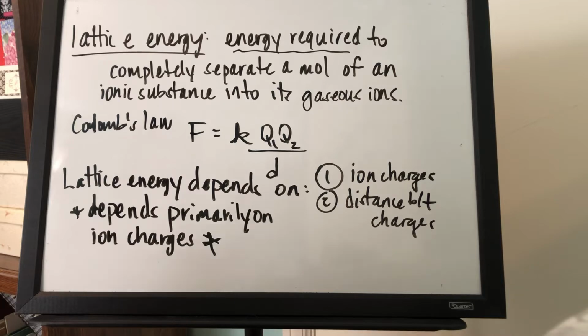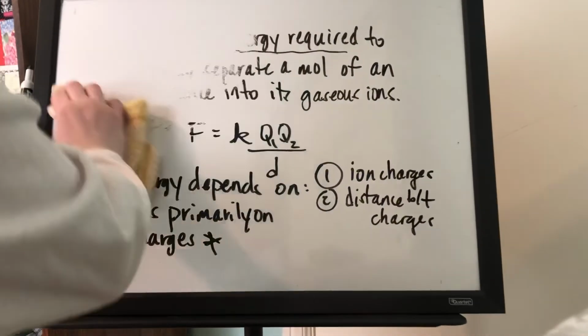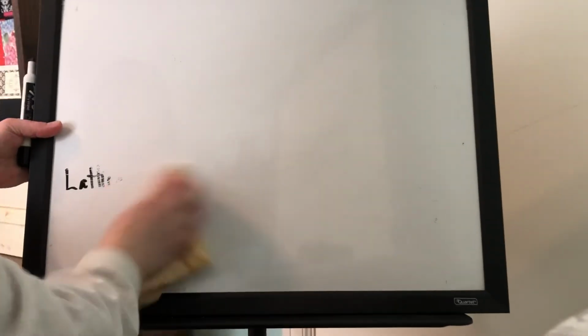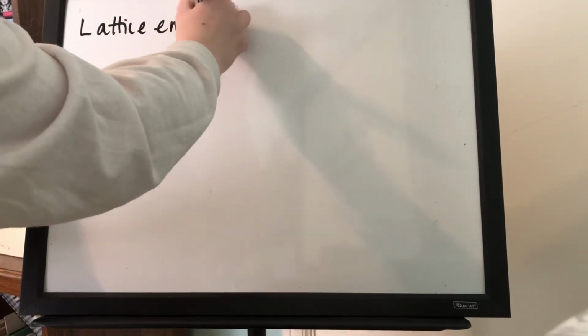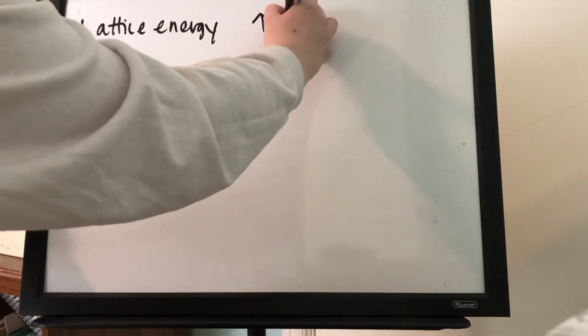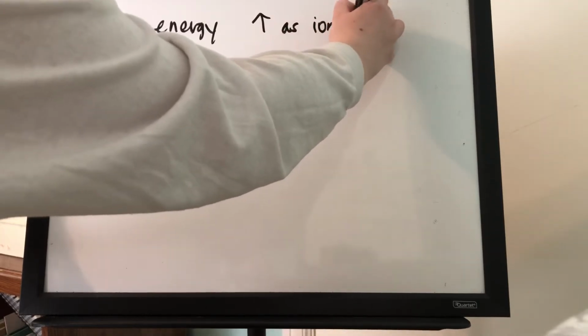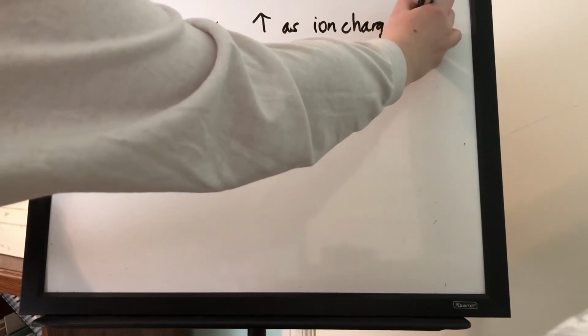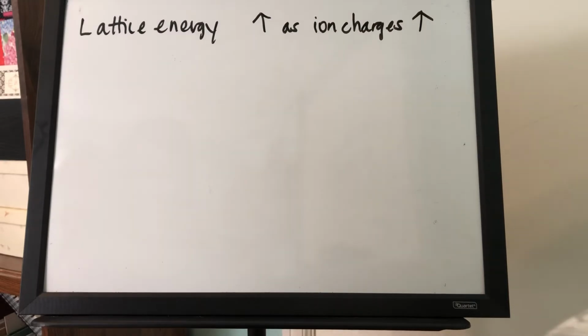Just like we learned before, we'll do this little summary, and then that's pretty much it for lattice energy. Lattice energy increases as ion charges increase. That makes sense.